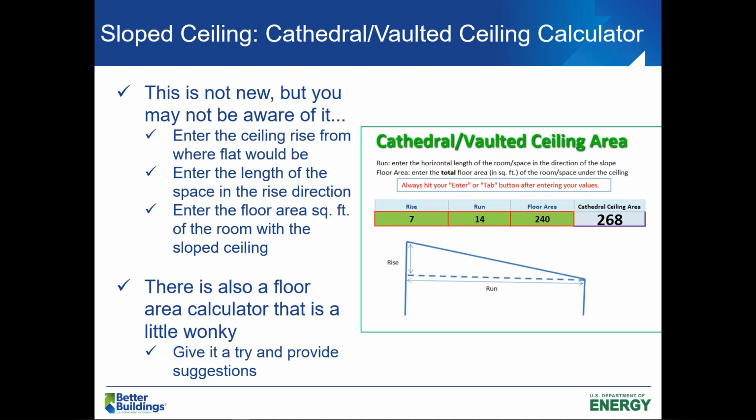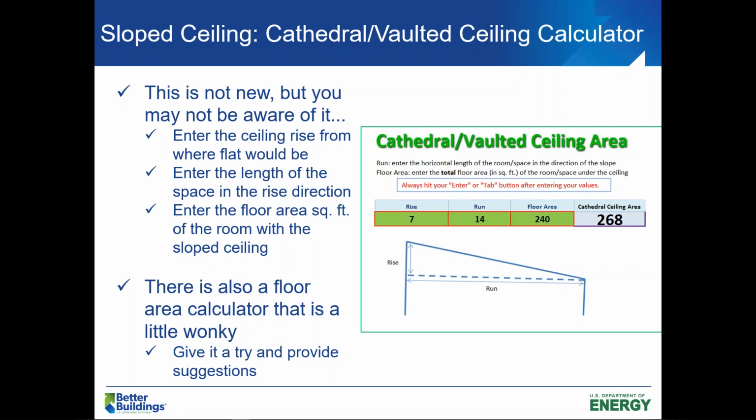So if you put in what's called the rise, the height between the flat and the peak, and then the run, the distance from the outside wall to the peak, and then the floor area for that room, it will tell you what the sloped ceiling area is. You should then be able to take that value and put it into Home Energy Score.